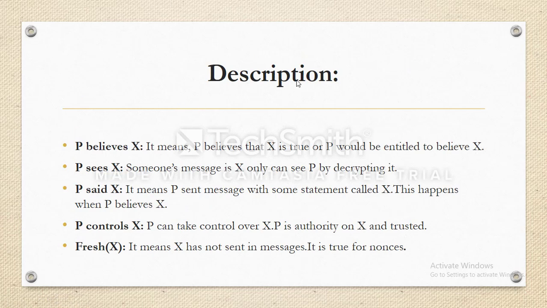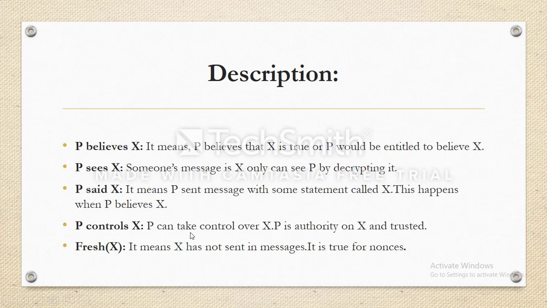Now we'll see the description of the basic notation. In the previous slide we saw that P, Q, S, all these denote the principal. So here P believes X. What does that mean? P believes X means P believes that X is true, or P would be entitled to believe X. Such as P controls X. What does that mean?